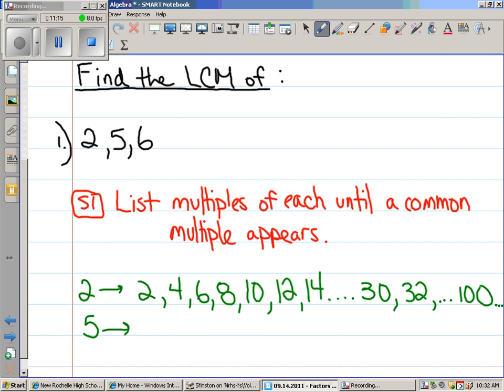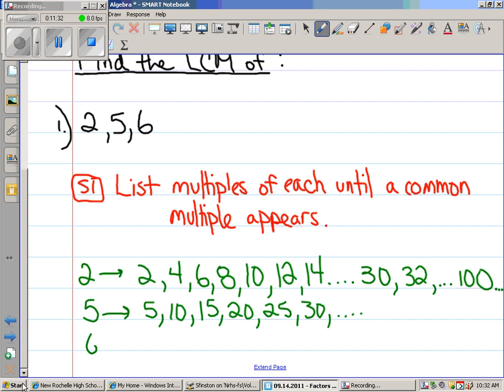How about 5? Give me some multiples of 5. 10, 15, 20, 25, 30. Well, we got 2 to match already. Let's see if the third one matches.